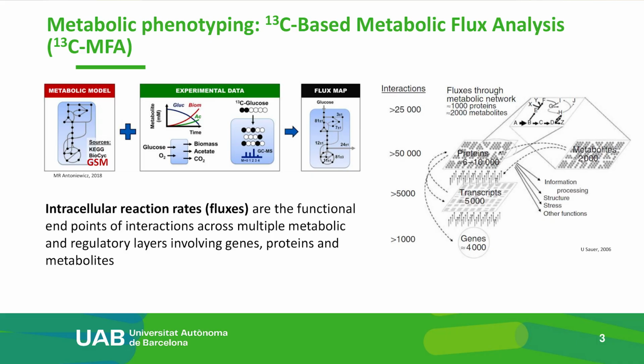Okay, so using these, you get labeling patterns in the metabolites. These labeling patterns are a function of the stoichiometry of the network plus the reaction rates. So you can calculate from there your reaction rates.